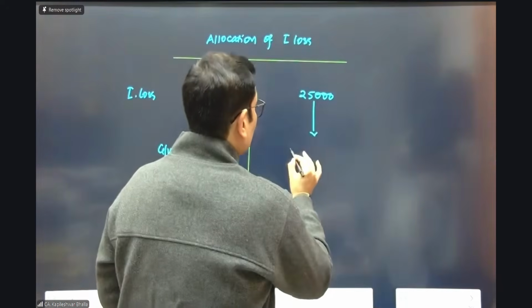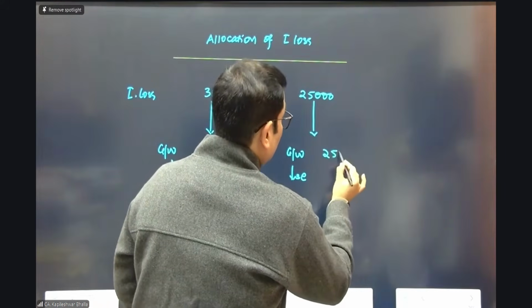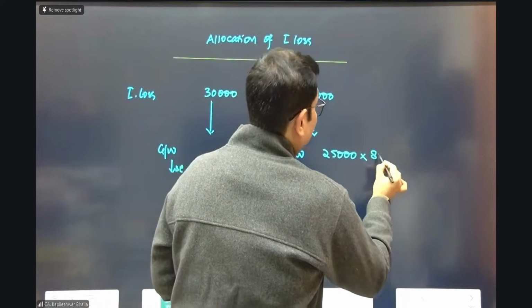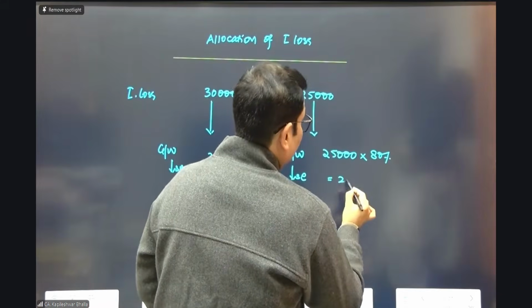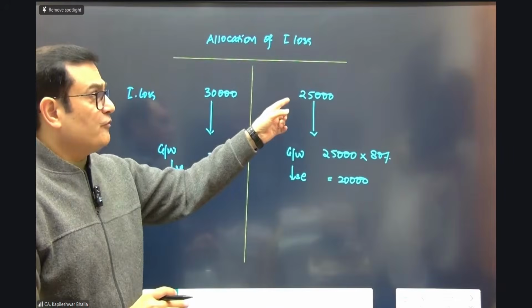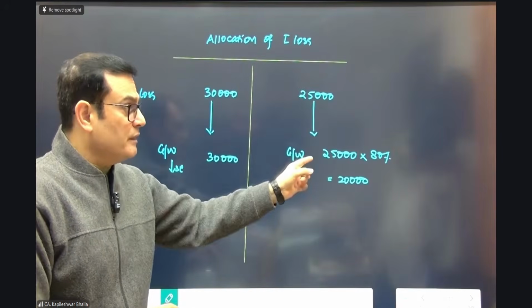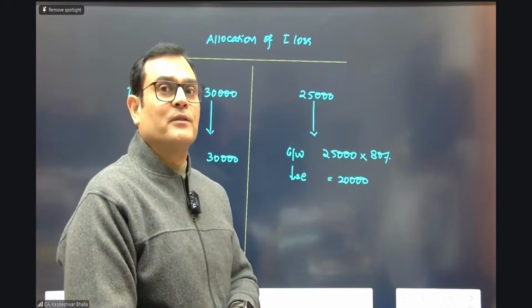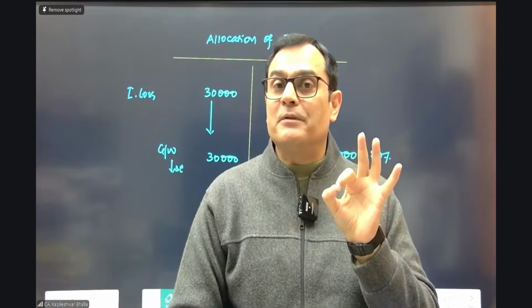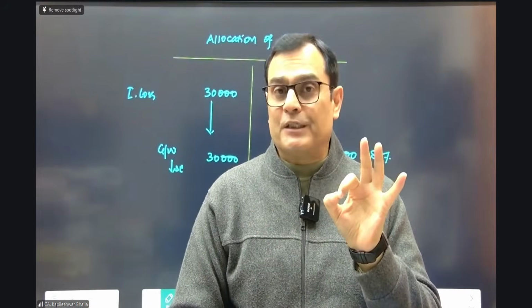But we will decrease the goodwill not by 25, but 80% of 25, and that's to the extent of 20. Because this figure of impairment is after grossing up goodwill. So when you say that you will decrease the goodwill, in this particular case we will decrease 80% of this goodwill because only 80% stands reflected in the financials.